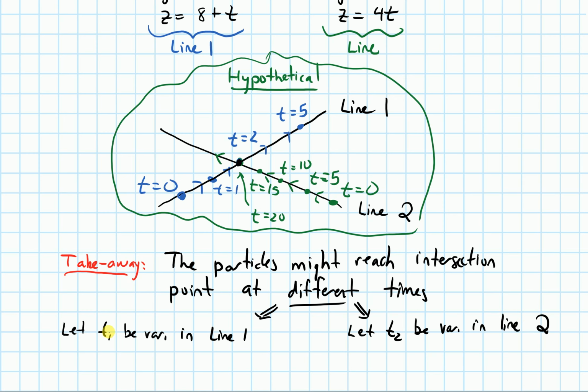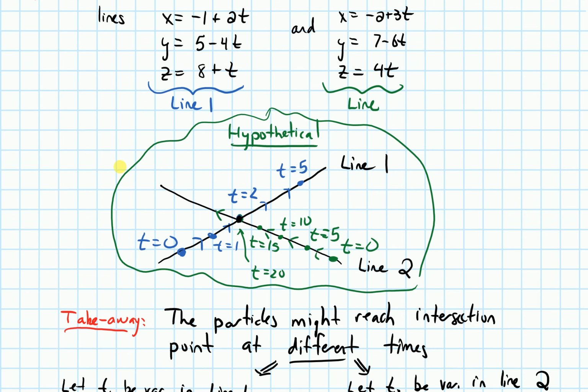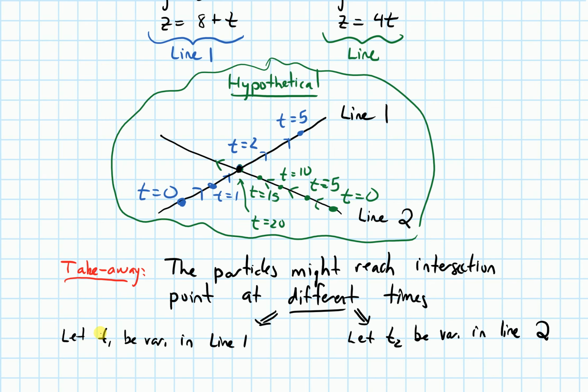If I don't pick different variables in these two equations, I'm assuming that both of the particles get to that intersection point at the same time. But the problem doesn't specify that they have to get there at the same time. Even if they get there at different times, that doesn't change the fact that the lines would intersect. Okay, so let's assign different variables for time in line 1 and time in line 2, and solve.